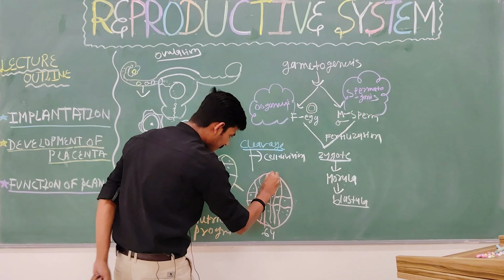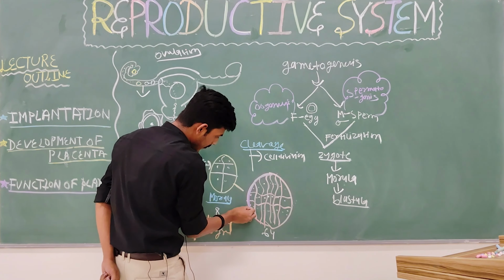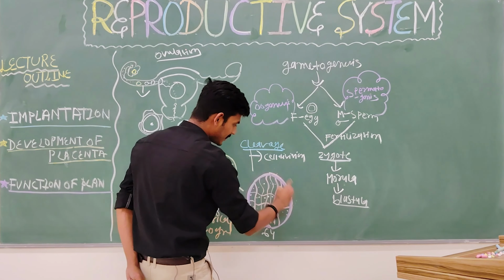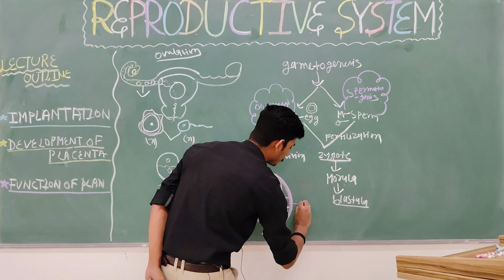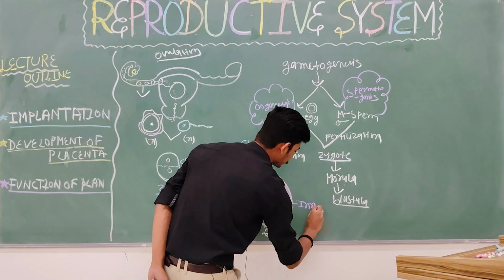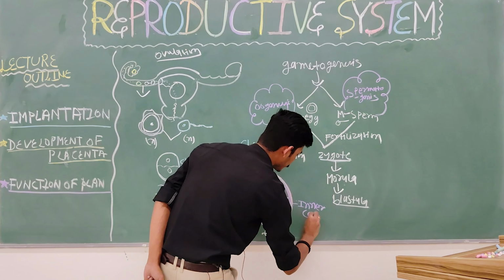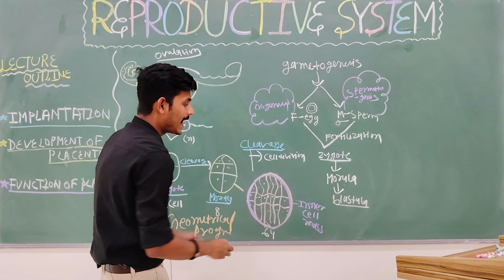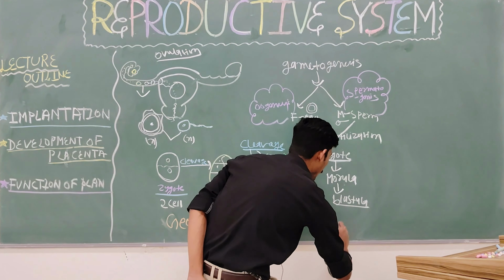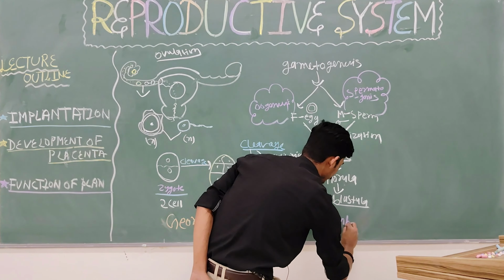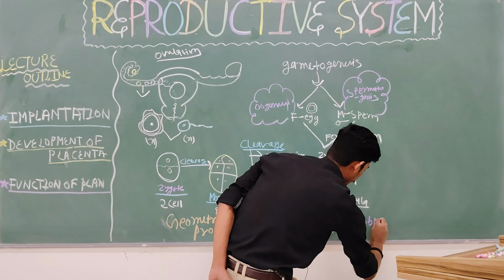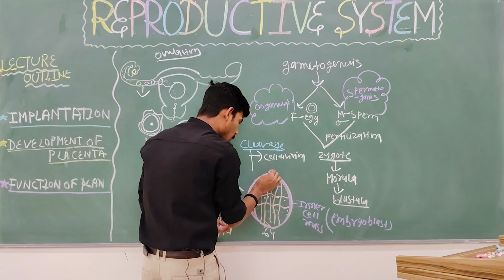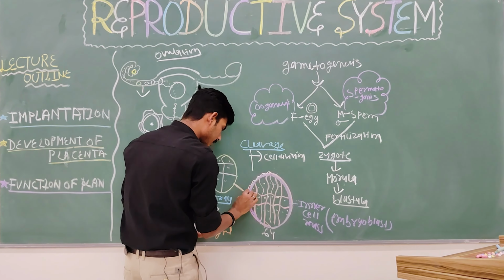One layer lies internally, and this layer is referred to as the inner cell mass, also known as the embryoblast. Then there is one outer, wavy layer.